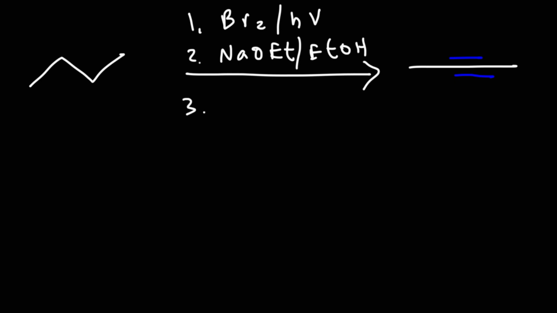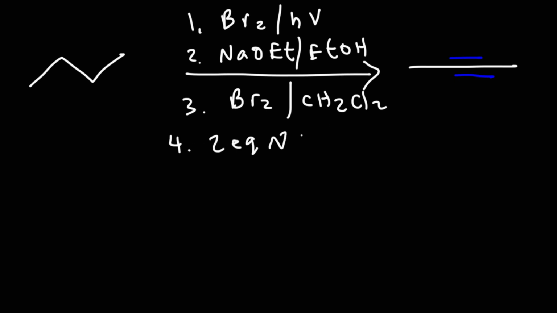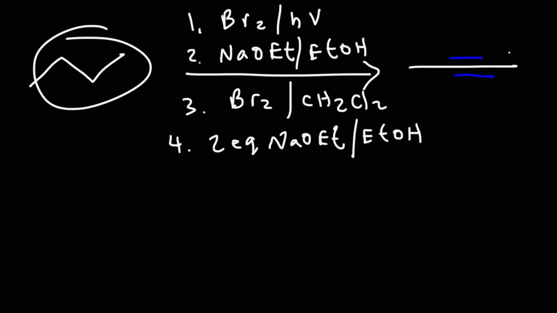And then in the third step, that's going to be Br2 and dichloromethane. And then the final step is to use 2 equivalents of a strong base in its respective parent solvent. So those are the reagents that we need in order to convert this alkane into an alkyne.